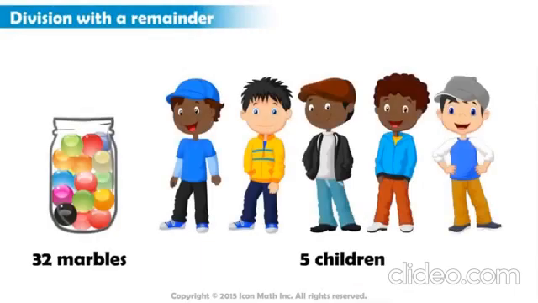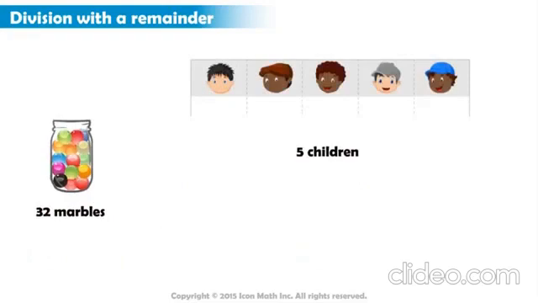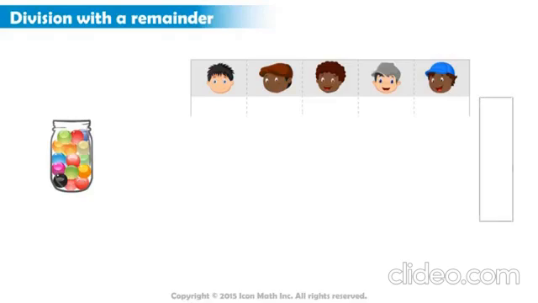Suppose after 2 games, another one of Jim's friends joined them. To play a new game, Jim has to divide 32 marbles among 5 people. Let us do the division using repeated subtraction, and leave a marginal column to the side to keep count of the number of times we gave marbles to the players.